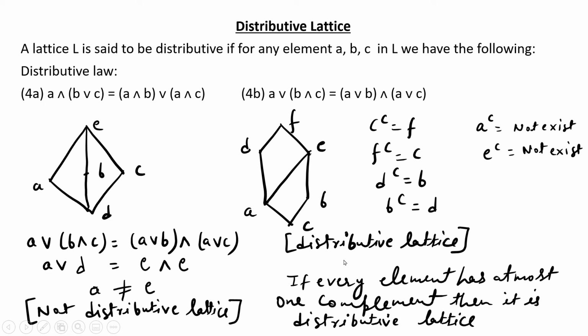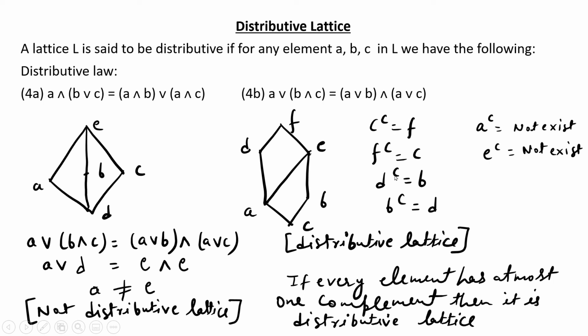So this is another way to check whether the lattice is distributive or not. If every element has at most one complement, that means zero complement or one complement. So there should not be more than one complement, like A has two complements B and C.